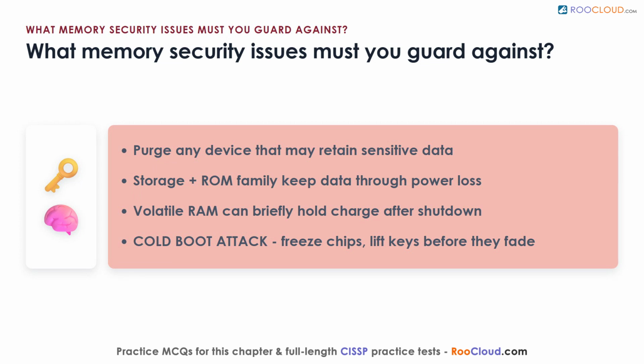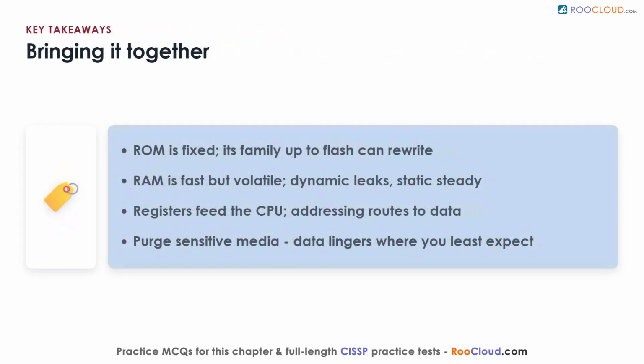Think of a whiteboard that seems erased but still shows a ghost of the writing if you catch it in the right light. So let's bring it together. Read-only memory is fixed, while its programmable family, up through flash, trades some permanence for the ability to rewrite. Random access memory is fast but volatile, split into leaky, dynamic, and steady static forms.